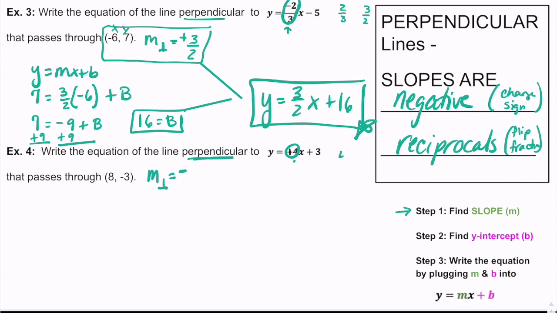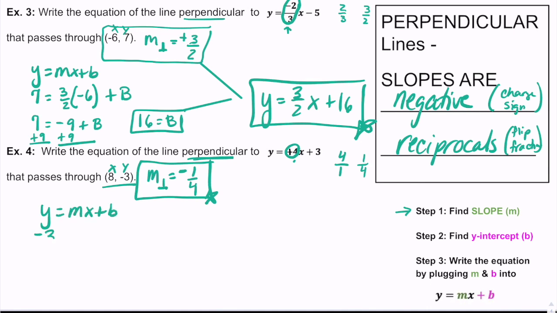And 4 is really 4 over 1. So if we flip that, the reciprocal, if we invert that, we get 1/4. So my perpendicular slope is negative 1/4. So I'm going to plug in my x, my y, and that slope. y = mx + b.